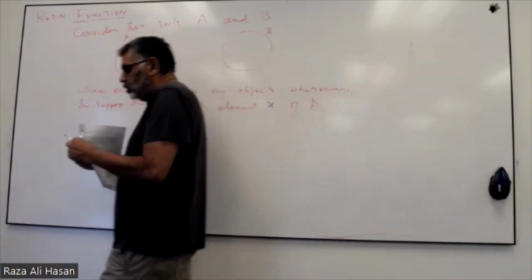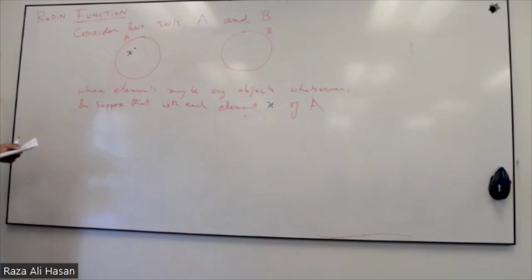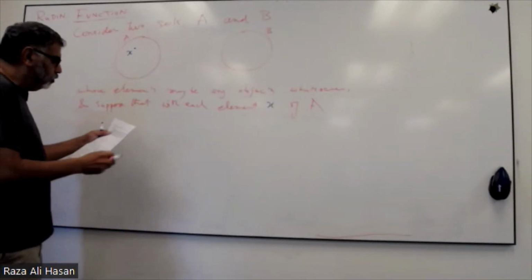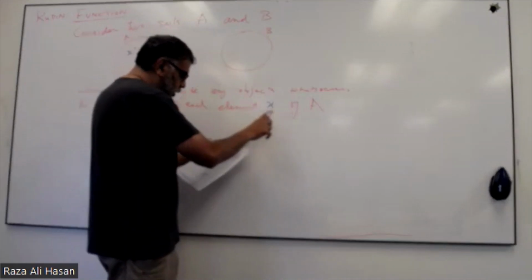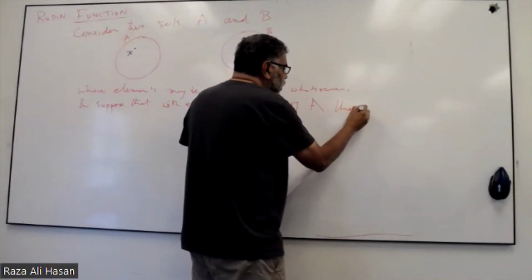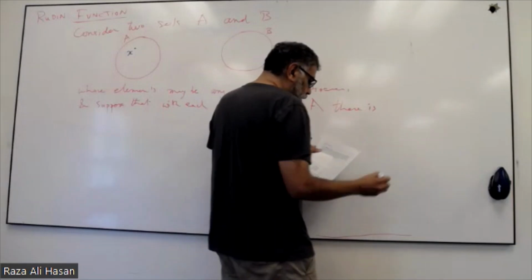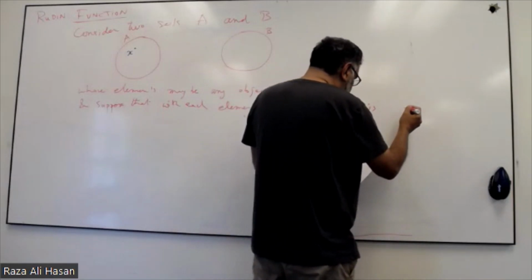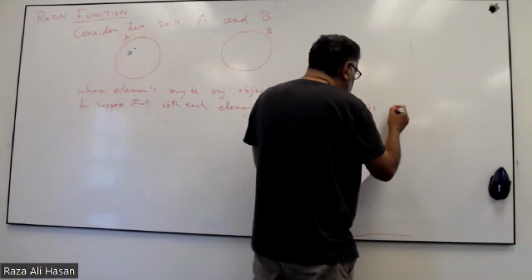So the math professor here goes, with each element of x, there is associated in some manner an element of B which we denote by f of x.